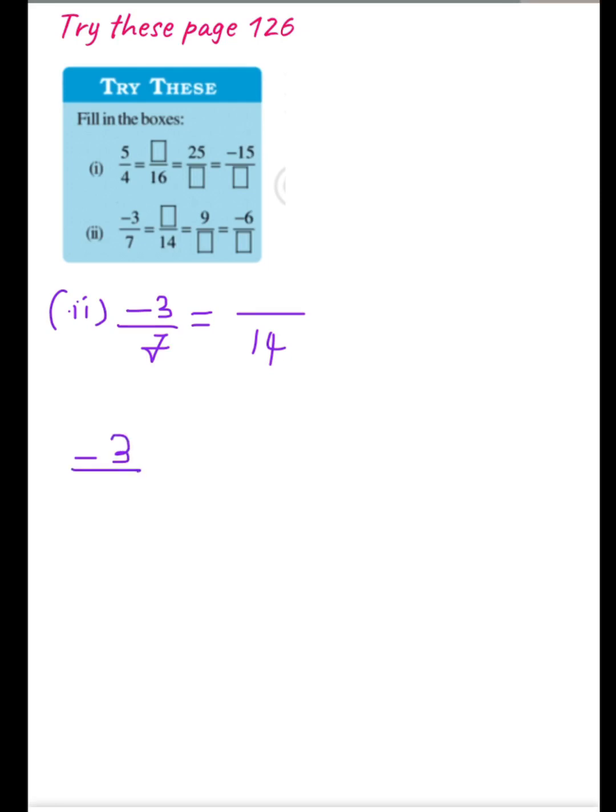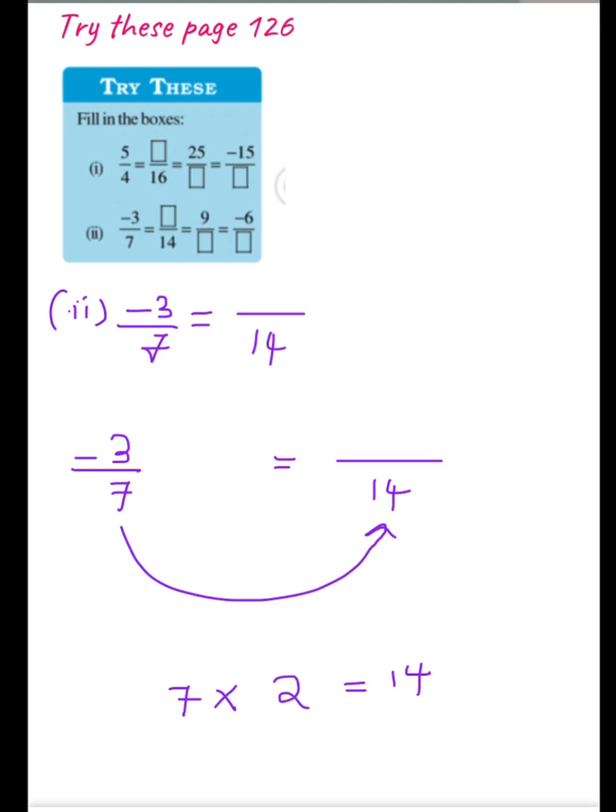Minus 3 by 7. So whenever you are multiplying minus 3 by 7 with something, you are getting the answer as dash by 14. So you know that in order to get 14 as answer, you need to multiply 7 with something. That is 7 into something equal to 14. So what is that something? 7 into 2 is 14. That means you are multiplying 7 into 2 here.